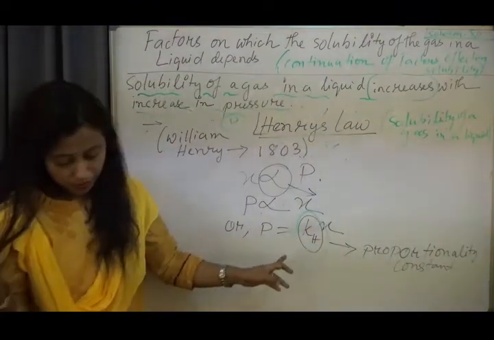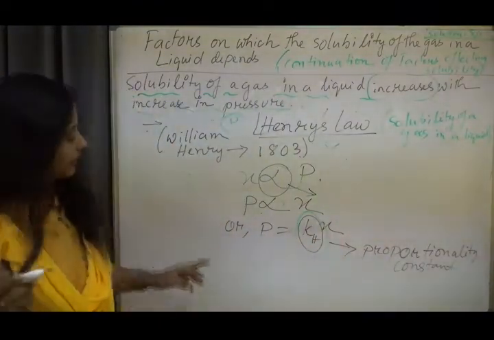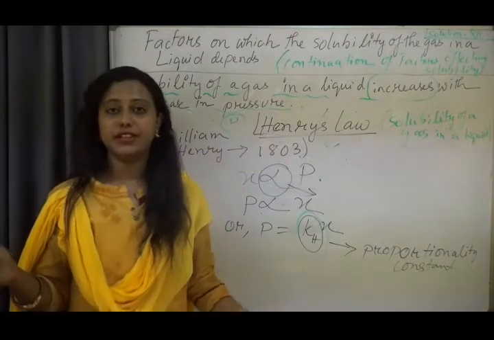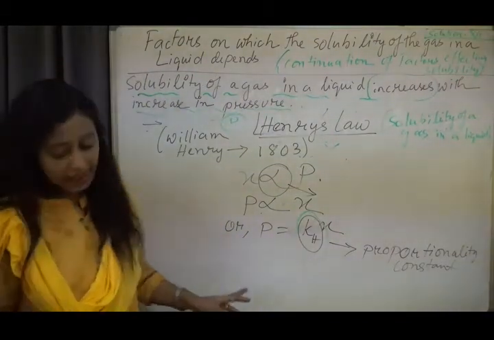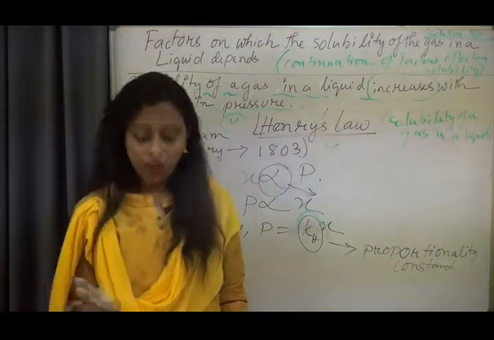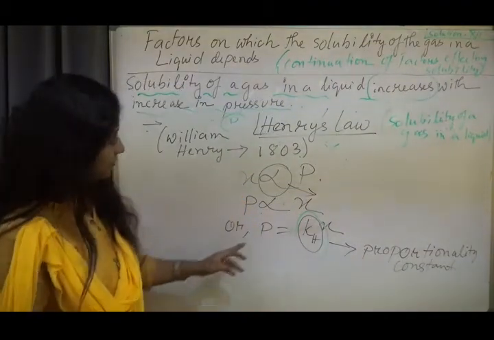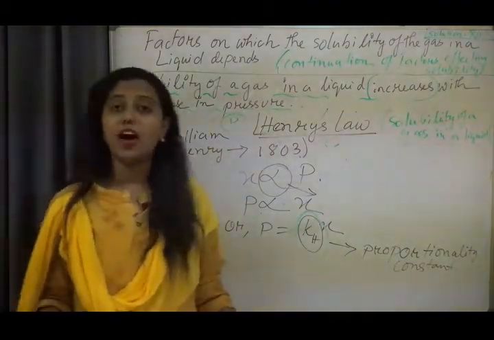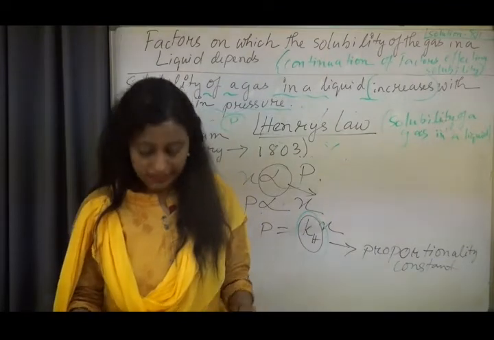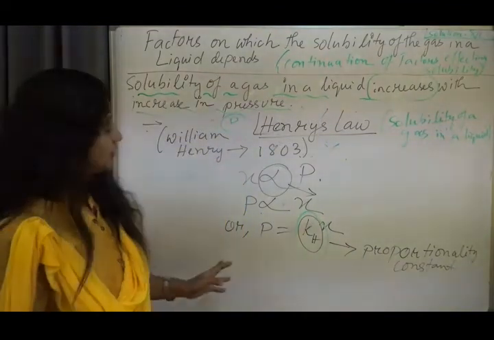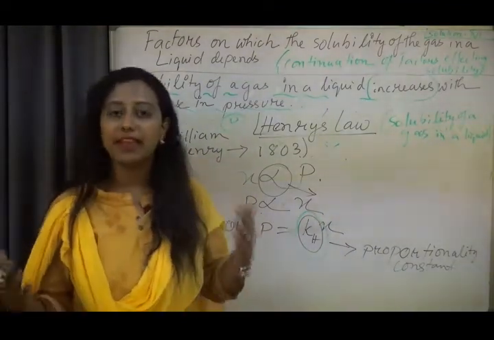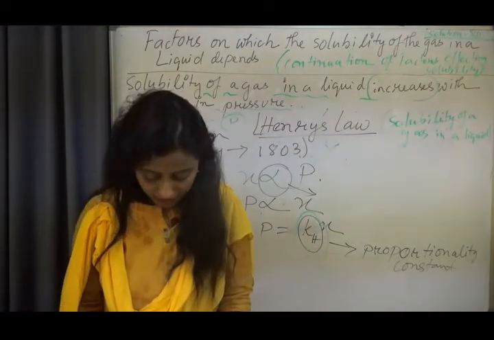So this is the proportionality constant, and this KH is called the Henry's constant, or Henry's law constant. The value of this constant depends on the nature of the gas, on what type of gas it is.